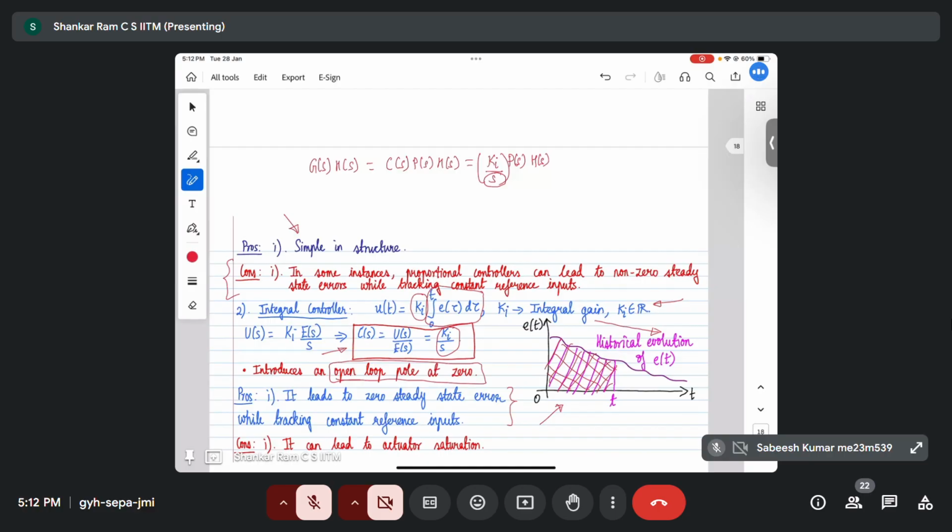So let's say we are at T1, this is the area. Let's say we go to T2, although the error at T2 is lower than at T1, there is an additional area which is added, right? So consequently, what can happen is that although the error is decreasing, due to the fact that you and I are integrating the error, we will keep on increasing the control input, although the error is decreasing.